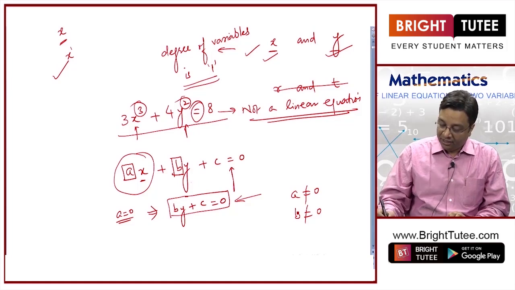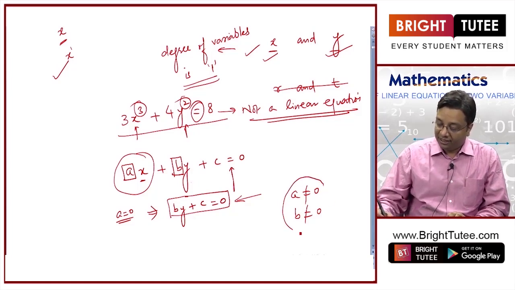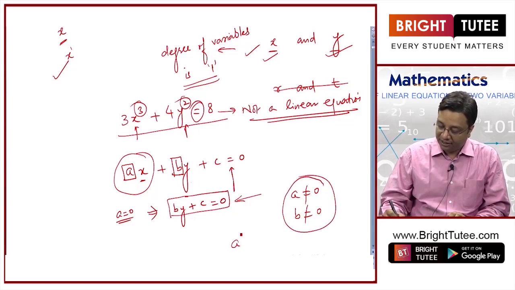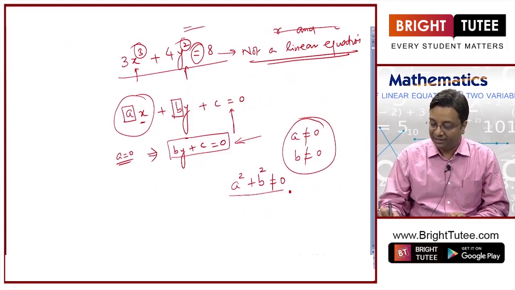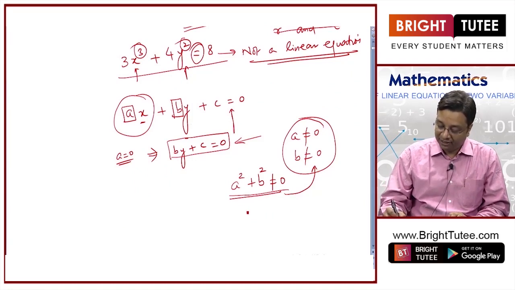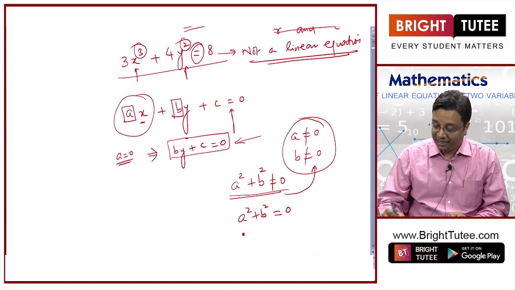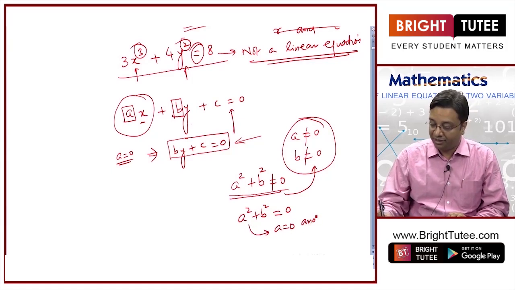Okay. Now how can we write this in one sentence? That a square plus b square is not equal to 0, right? If you write this expression, this means this only. Why? Because if a square plus b square is equal to 0, this can happen if and only if a equal to 0 and b equal to 0, right?